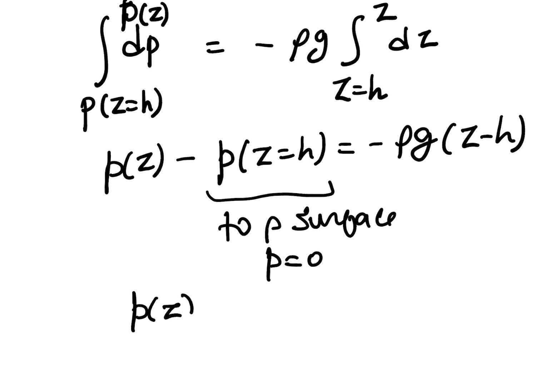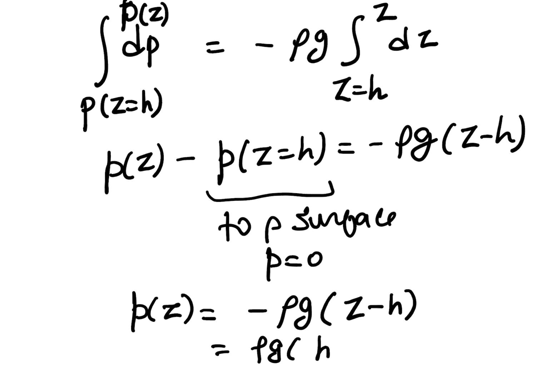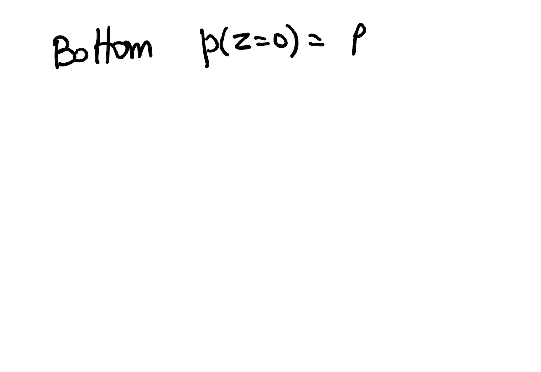So P of Z is simply minus rho G times Z minus H, or I can write this as rho G times H minus Z, knowing that Z varies only between 0 to H. Okay, so the pressure is going to be 0 at the top, and it's going to be maximum at the bottom, and at the bottom the pressure is equal to rho GH. Okay, it's nice and easy.